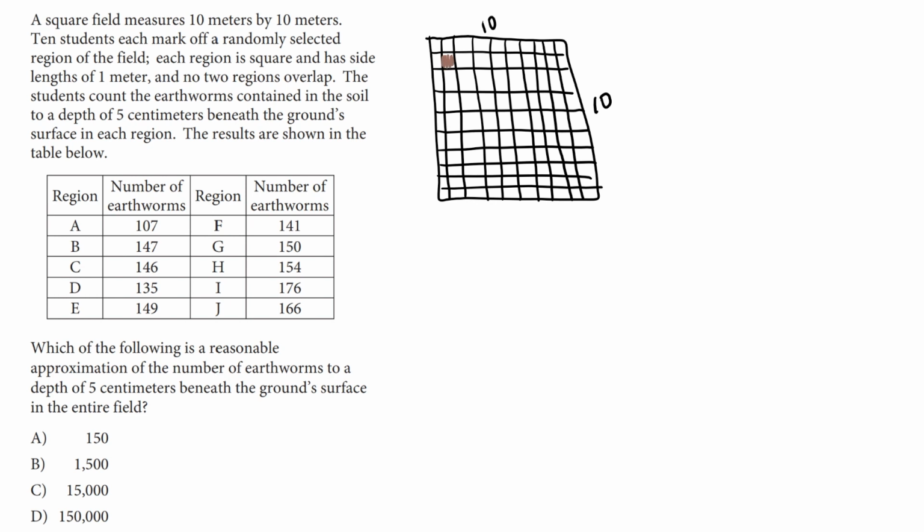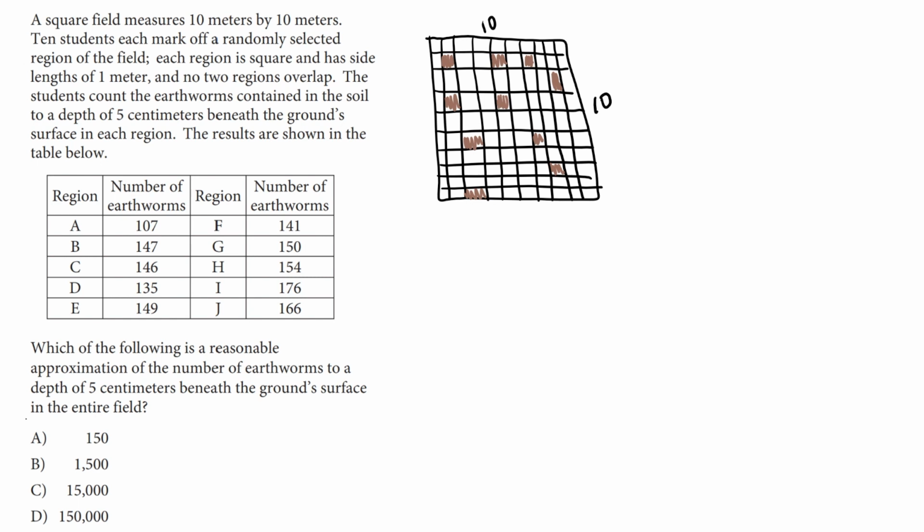One student may pick this region, and 10 students total are picking regions. No two regions overlap, so it might look something like this. For each of these regions, regions A through J, here are the number of earthworms that are found. Which of the following is a reasonable approximation of the number of earthworms to a depth of 5 centimeters beneath the ground surface in the entire field?